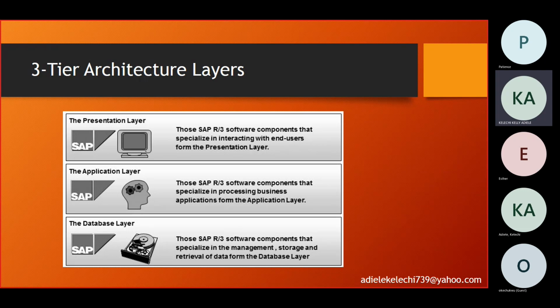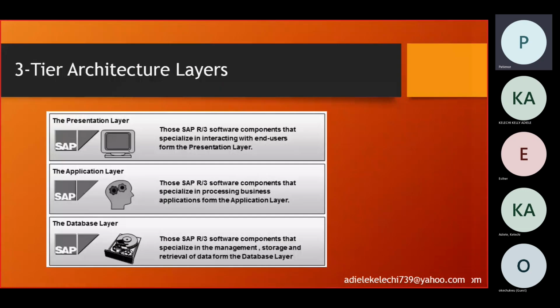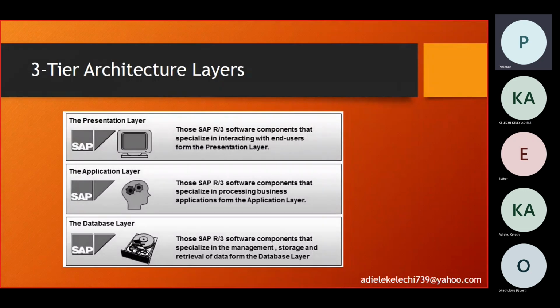This is still showing ECC, but I'm just trying to interpret them for you. We can also say the presentation layer for S4HANA is Fiori, the user experience. Fiori is a presentation layer.